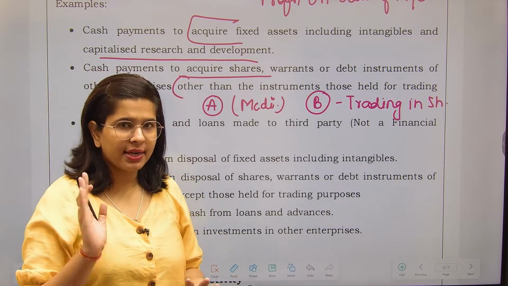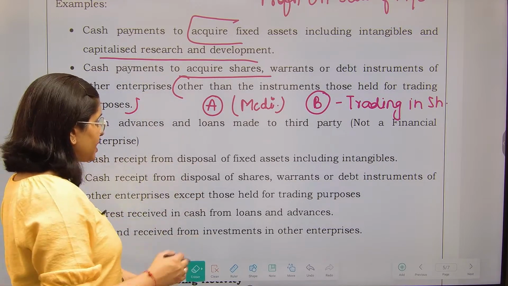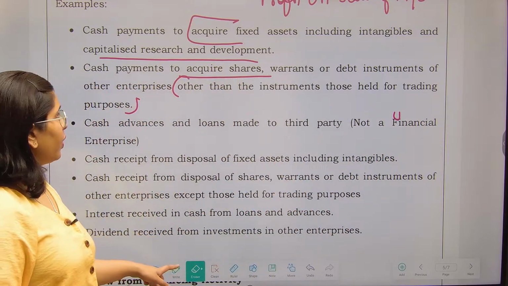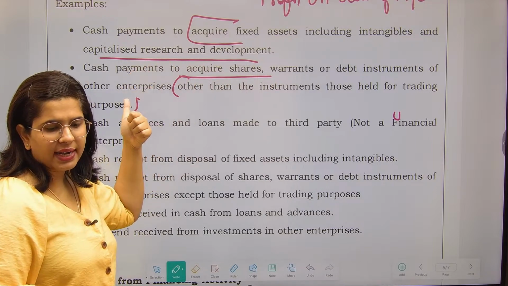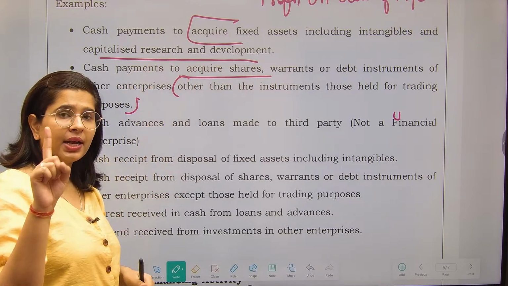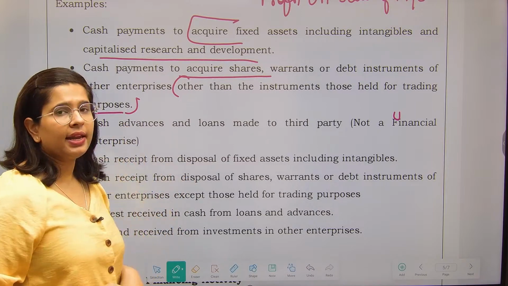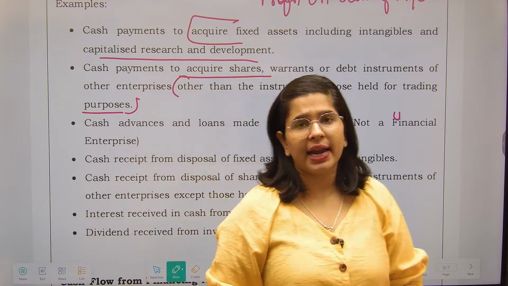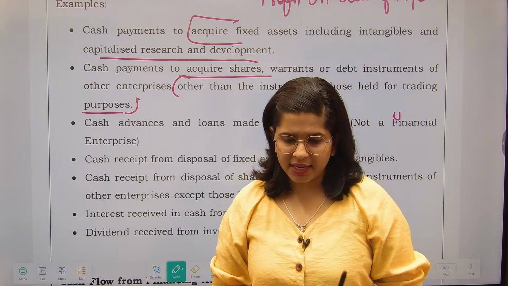I hope you are understanding my point, which I want to clarify. So that is why it has been written that yes, if you invest in shares, debt instruments, that will be classified as an investing activity. But if you are a trading entity, then in that particular case, such acquisition of shares or debt instruments will be taken as an operating activity.